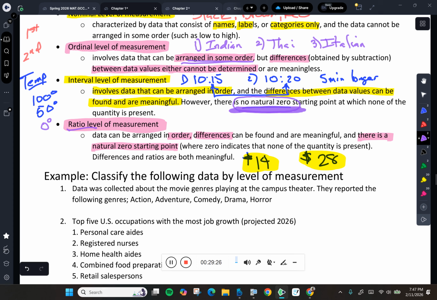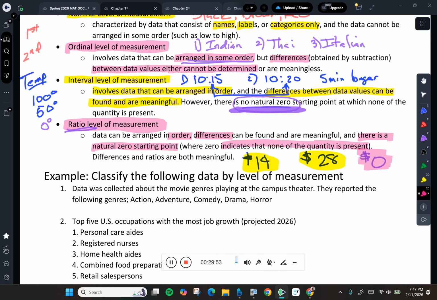That's where ratios come into play, and that's why this is called ratio level of measurement. Because in this data set, if I told you that I had $0 in my pocket, does that 0 mean I don't have anything? And yeah, if I told you I had $0 in my pocket, that would mean I have none of the quantity that is being presented. In this case, I have no money.